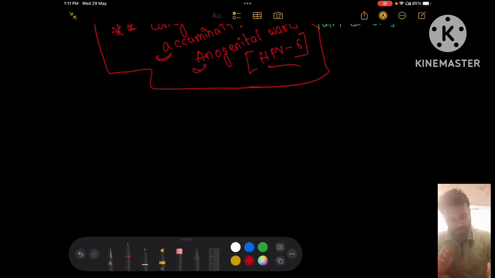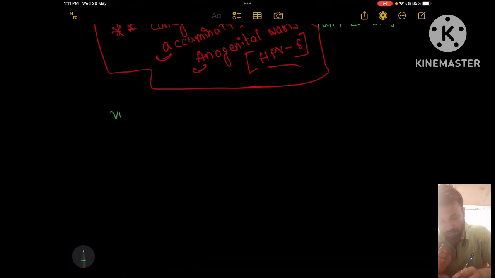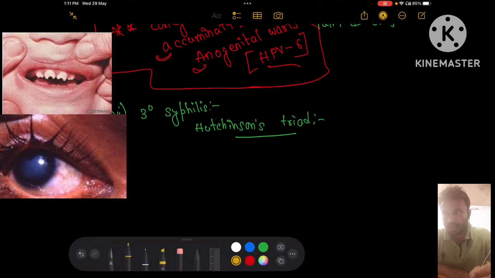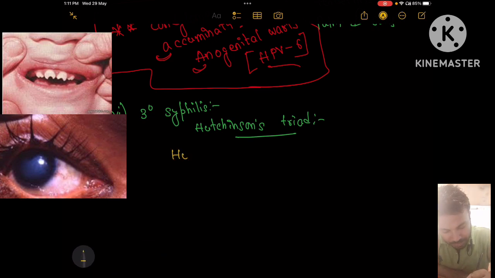Next, in tertiary syphilis, we can see Hutchinson triad. The first point is Hutchinson teeth.